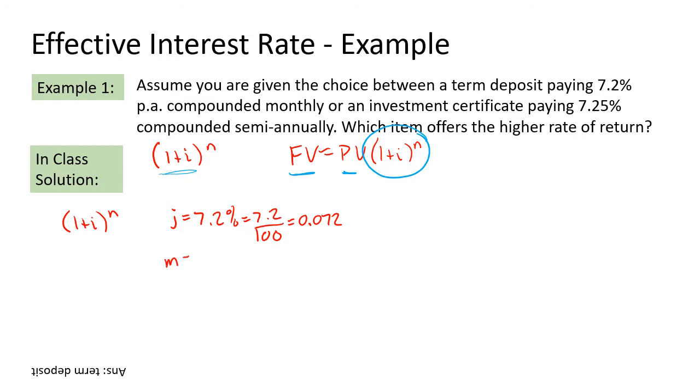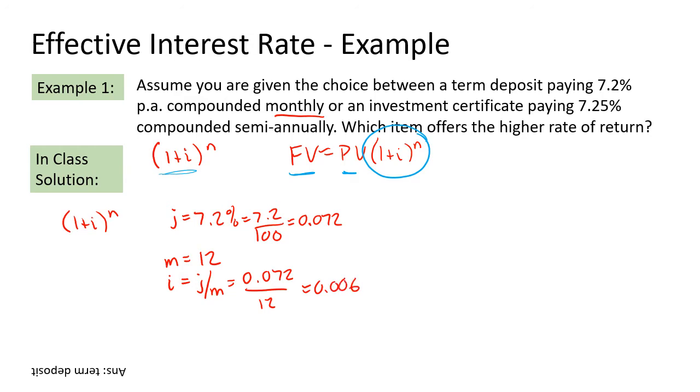Our number of compounding periods, m, it said monthly, so m is equal to 12. So our periodic interest rate, i, which is j divided by m, is 0.072 divided by 12, and if you calculate that out, you get 0.006.